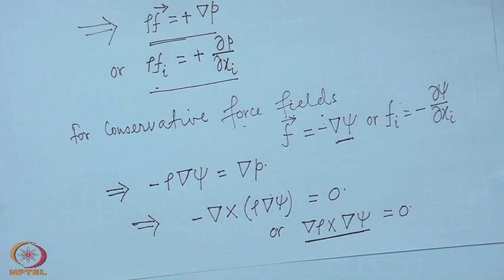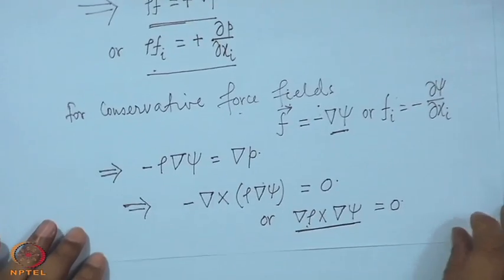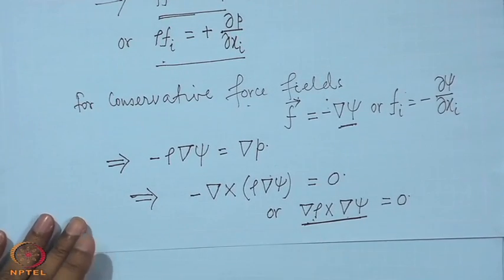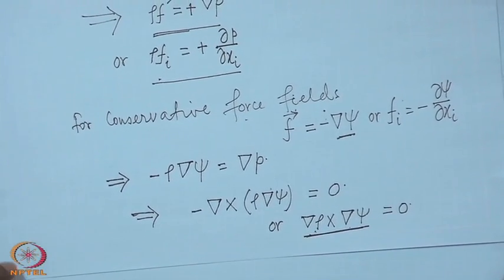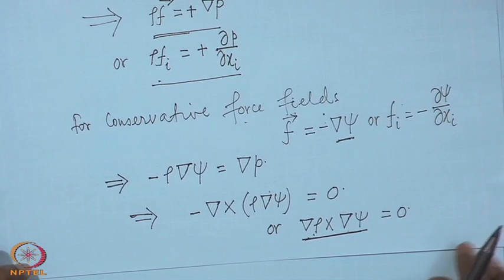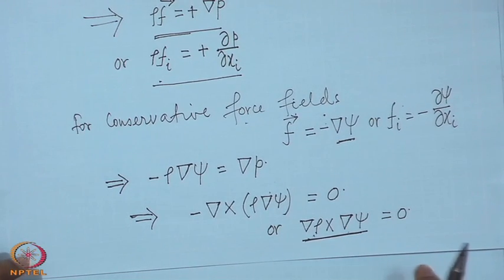What is that? So, that means this says that the level surface of density and the level surface of this potential energy will coincide. The last relation has the meaning that the level surface of density and the level surface of this gravitational or potential energy will coincide.